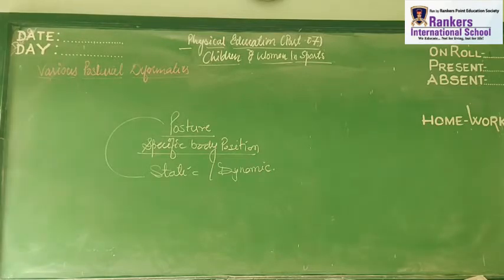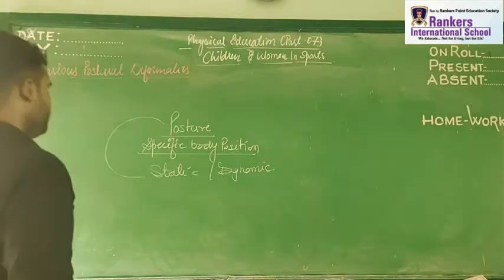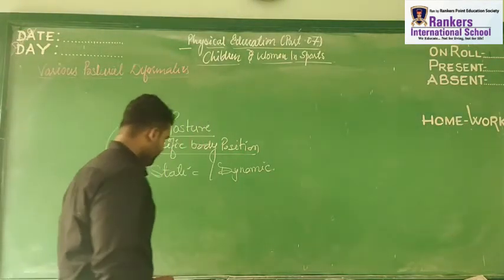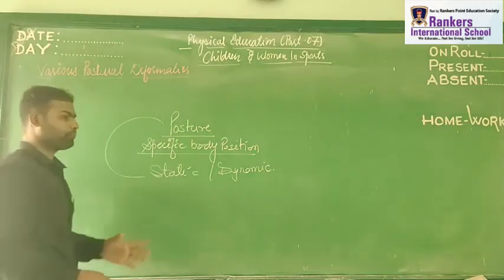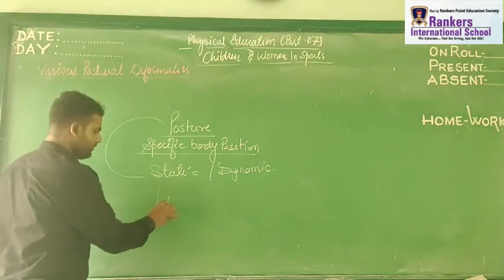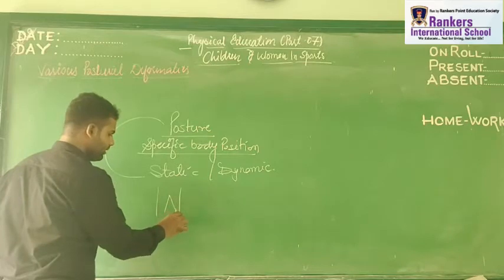So now the topic to understand here is what exactly posture is and how we should stand, how we should walk, how we should run, etc. So whenever we stand, let's say this is the feet of an individual.